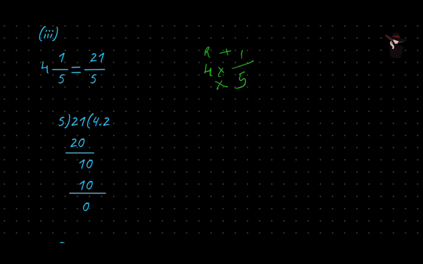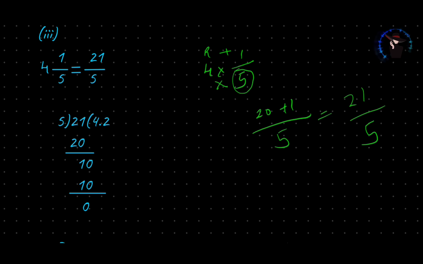So 4 into 5 is equal to 20. The result is 20 plus, what's the numerator we have? 1. The 5 remains as it is as the denominator, which is equal to 21 by 5. That's it. We got the answer as 21 by 5 here. Now let's start the division.